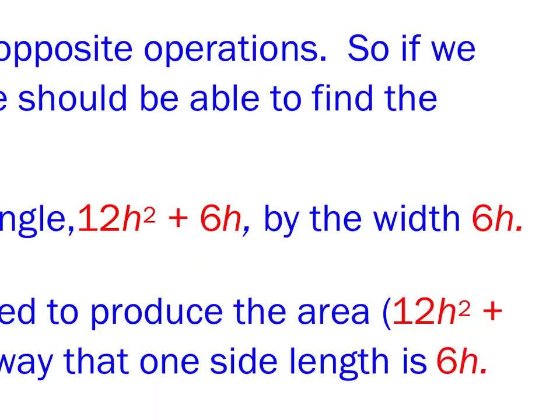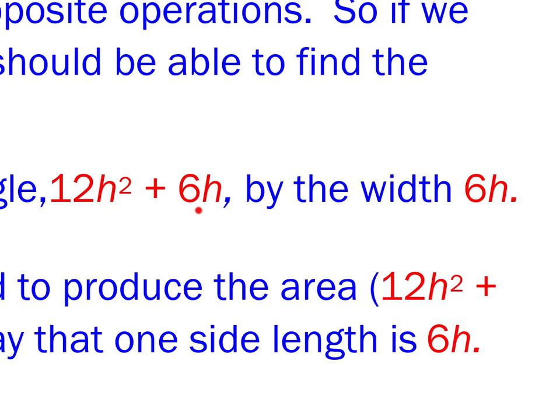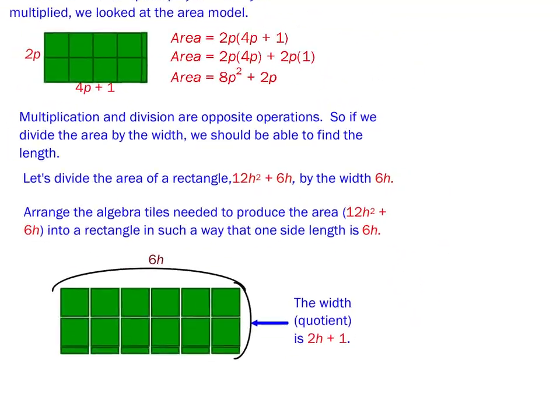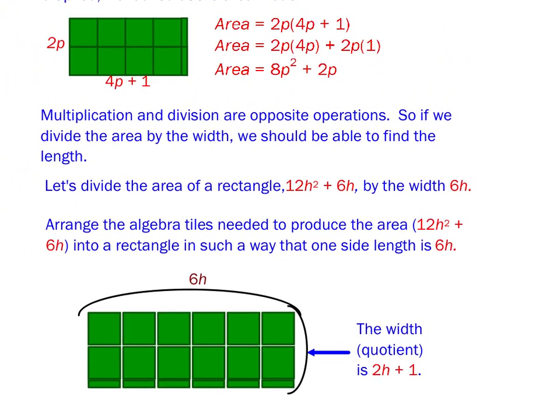So if we are dividing 12h squared plus 6h by 6h, we need to have 12h squared plus 6h, and we have to have one of the dimensions be 6h.